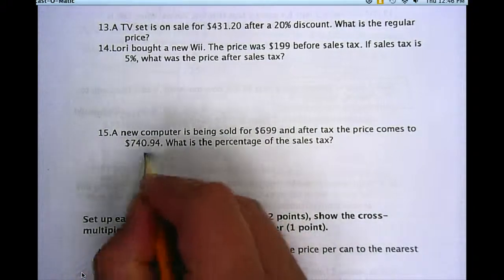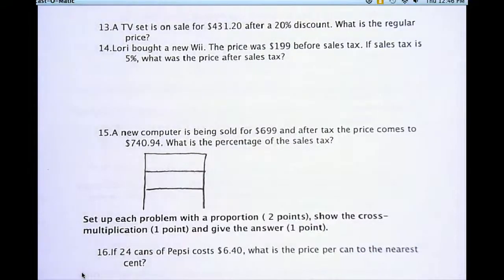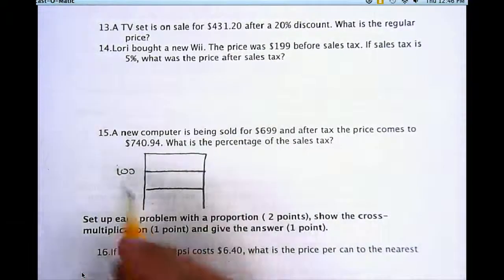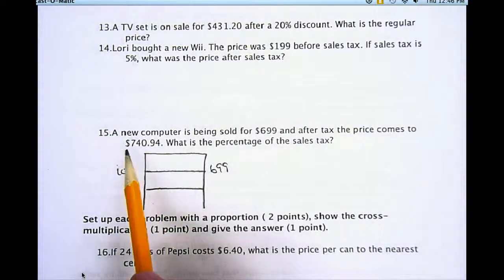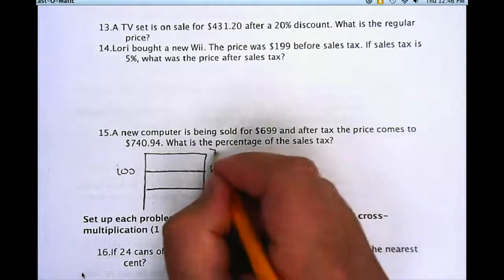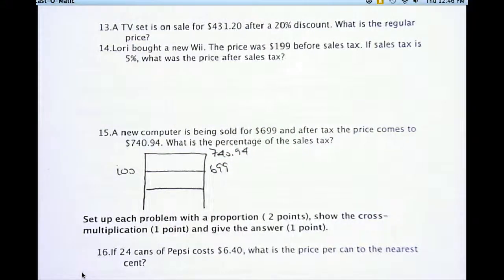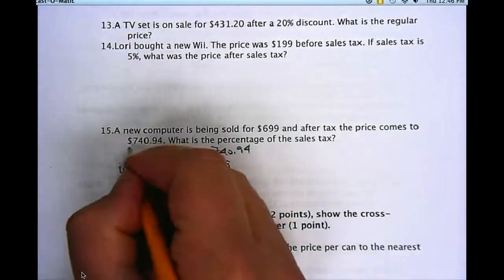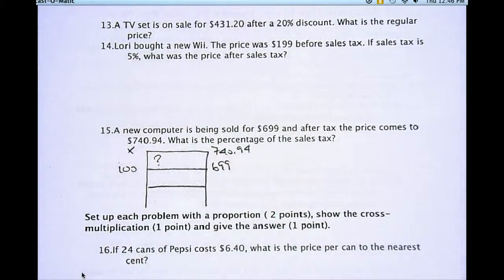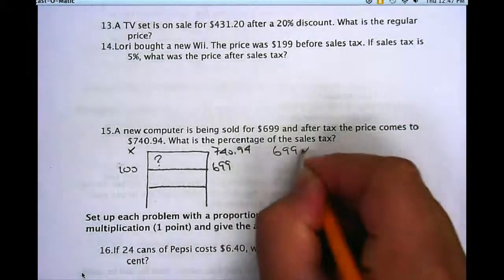I set up my thermometer again, just like I did before. I put 100 here, and I know the regular price is $699. But then there's sales tax, and after sales tax it's $740.94. I want to find out how much the tax is, which is the question mark, and I'm going to cross multiply to solve that. x and 699 are diagonal from each other, or cross products.